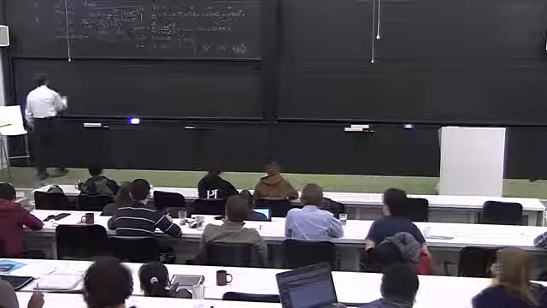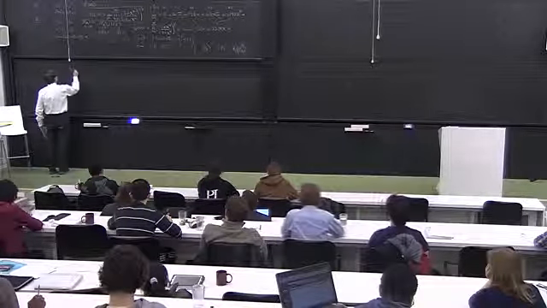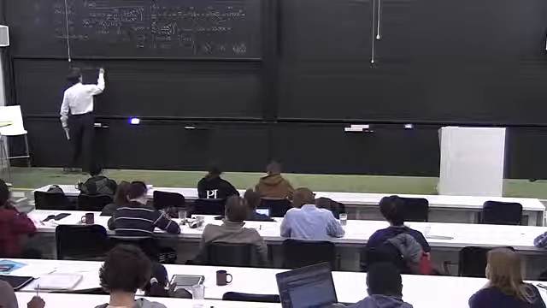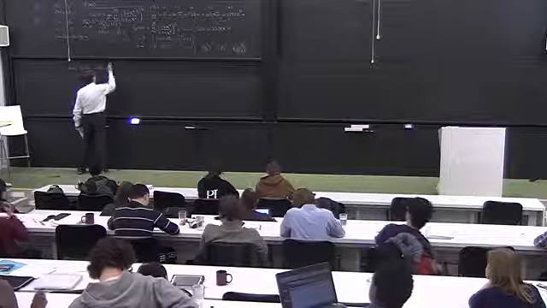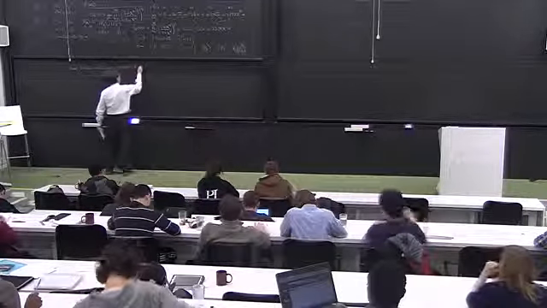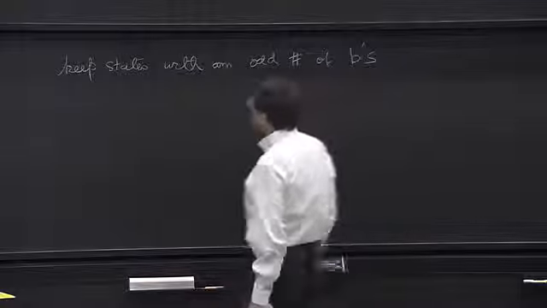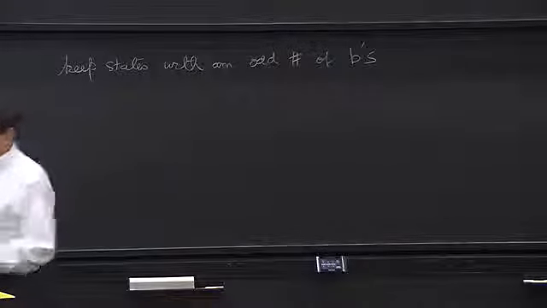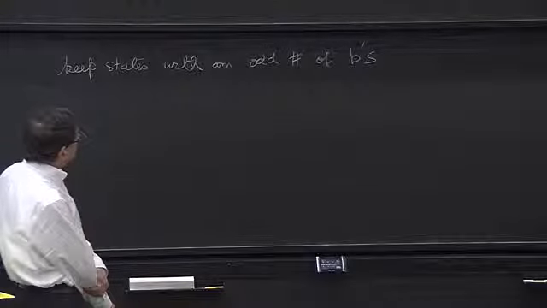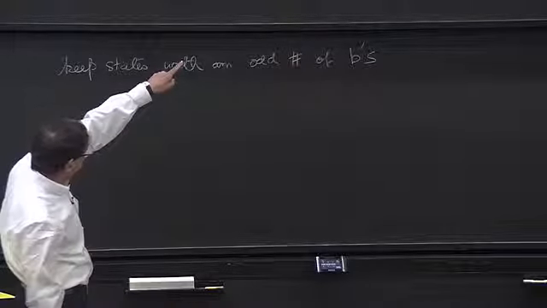So we keep states with an odd number of b's. The 8 states up there have 1 b.